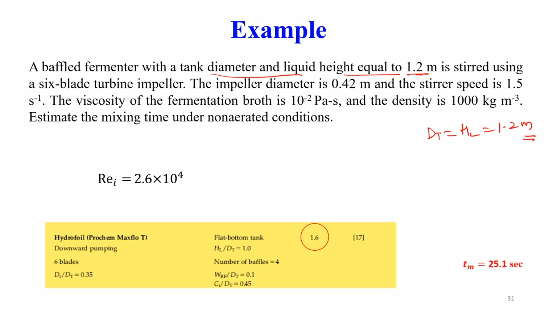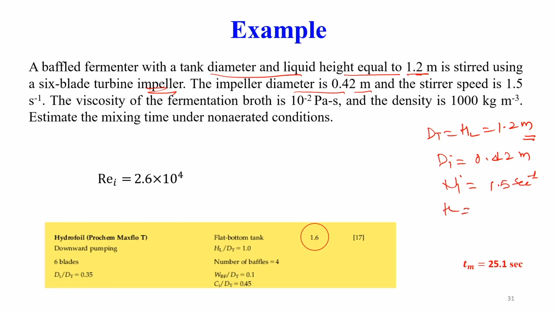Using a 6 blade turbine impeller, the impeller diameter di is given as 0.42 meter and the stirrer speed Ni is 1.5 second inverse.